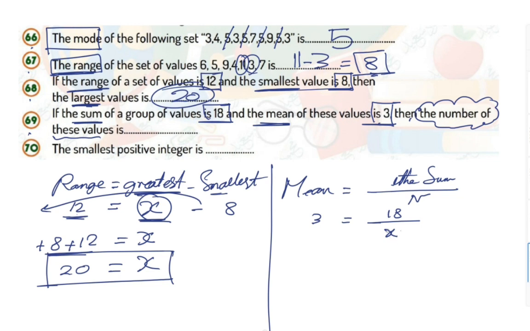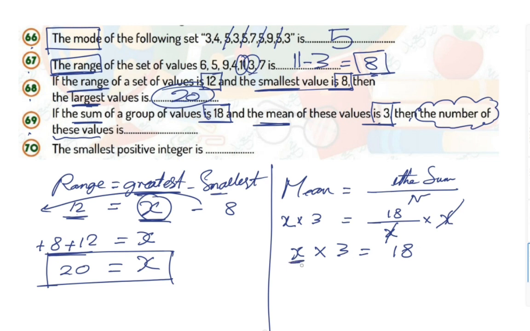Just multiply both sides by the same denominator, by x. So x times 3 equals x over x equals 1. So you have 18. Now x times 3 equals 18.